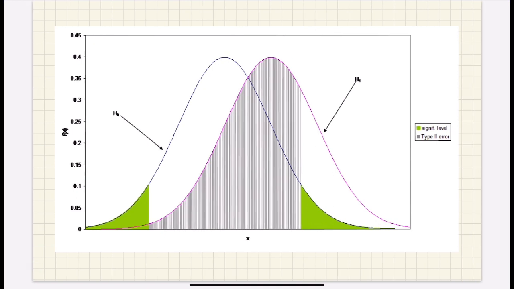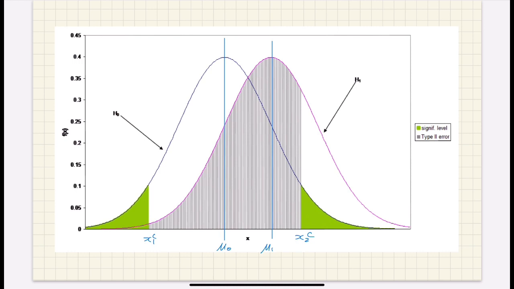Here we have the power. What we basically have calculated are these 2 points. So this one here is the distribution with mu0, and this in purple is the distribution with the mean equal to mu1, which is the true value of the hypothesis.